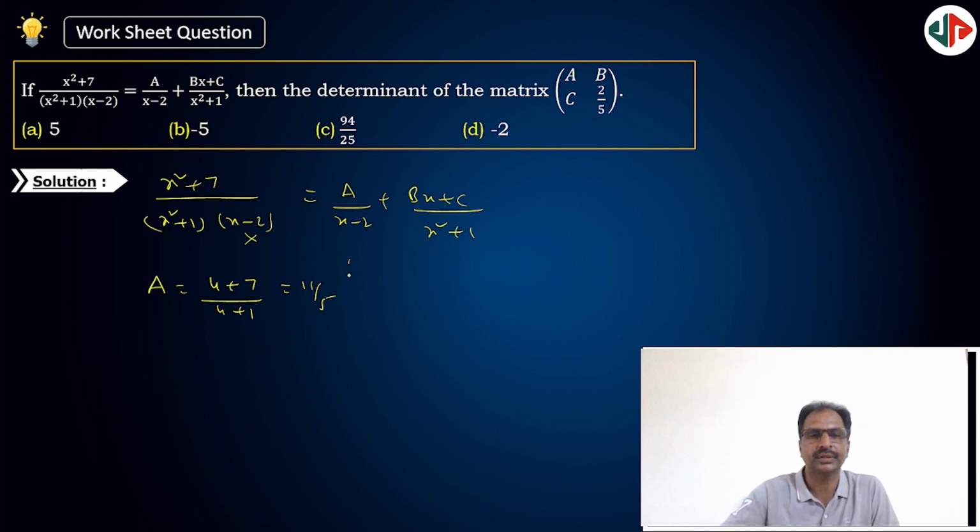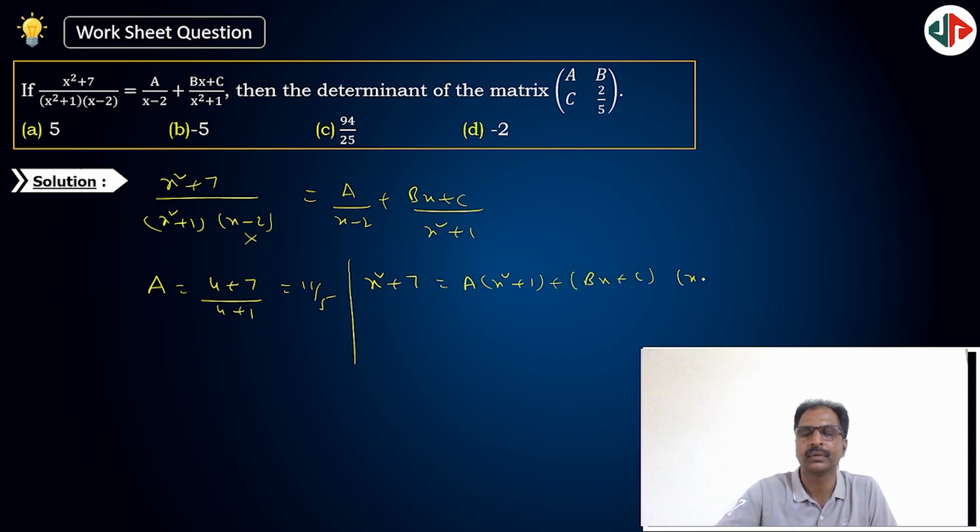Next, constants can be obtained by comparing similar coefficients. Take LCM on the right hand side, that LCM gets cancelled. Comparing x square coefficients, left hand side 1, right hand side is A plus B. So from that B will be 1 minus 11 by 5, which is minus 6 by 5.